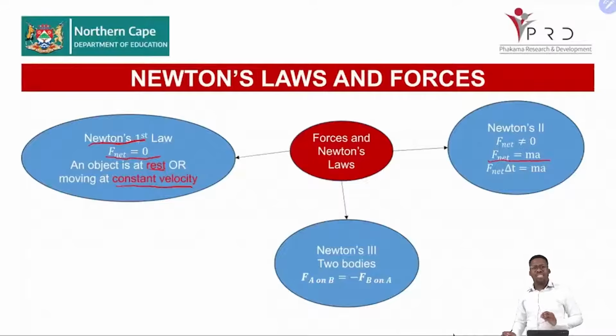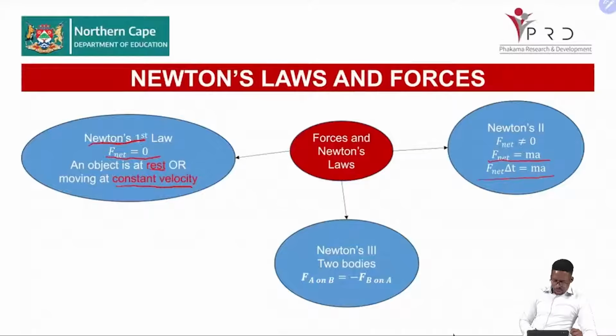You must say acceleration, not the net force. It is acceleration, because what is it that we are changing? We are changing the acceleration. Acceleration becomes an independent variable. So F net is equal to ma. And then we can also have Newton's second law in terms of momentum.